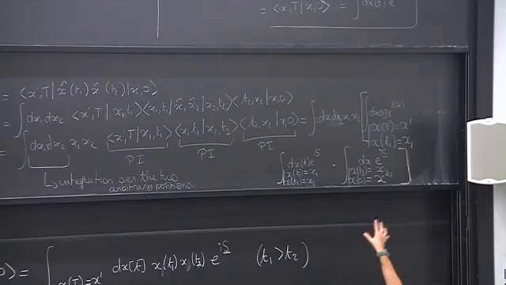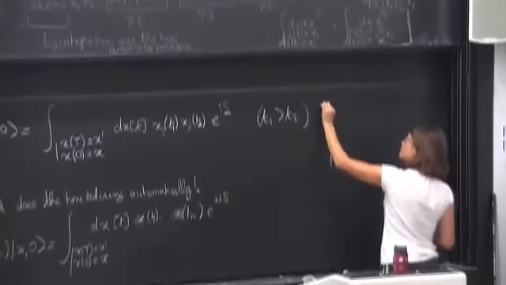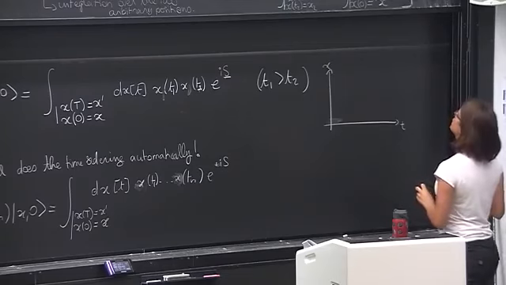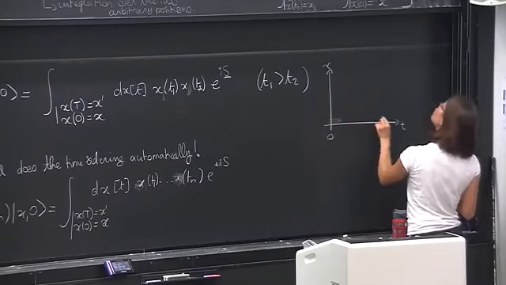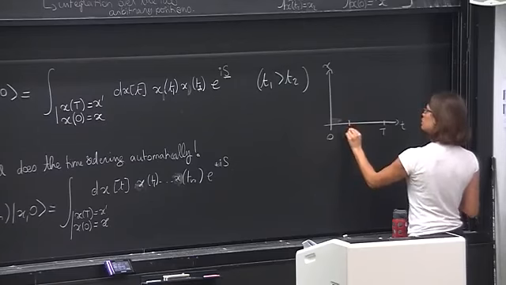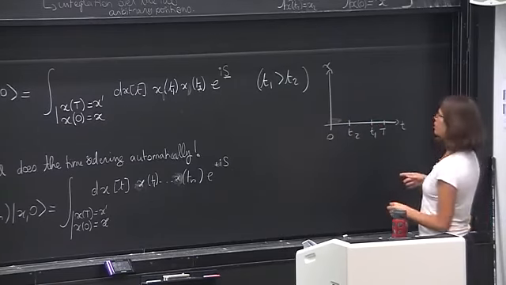But since we're integrating over all x1, x2, meaning these two arbitrary positions, in fact, let's say we have x in terms of t, starting from 0, and then t2.